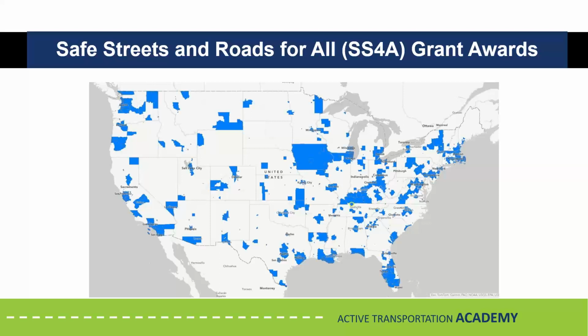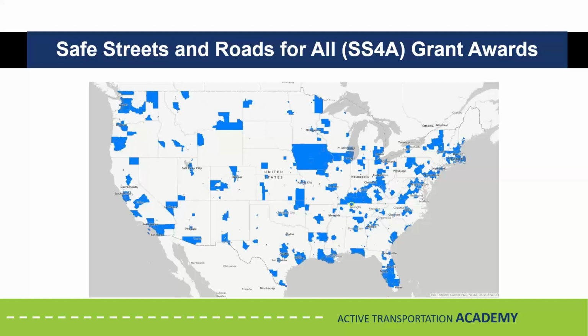This funding helps communities write safety action plans with a focus on eliminating fatalities and serious injuries and on implementing those plans. A Vision Zero is a safety action plan with a focus on eliminating fatalities and serious injuries. So it could be a funding stream to get assistance in writing your Vision Zero action plan.